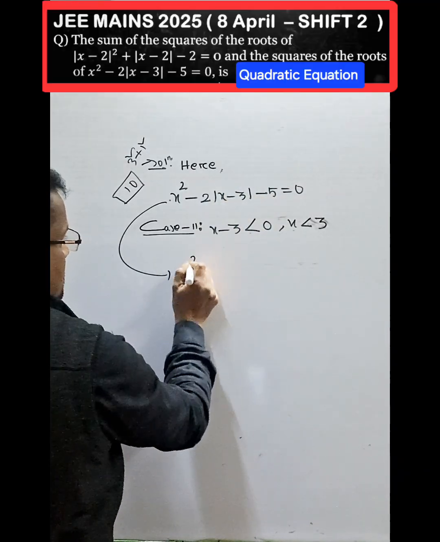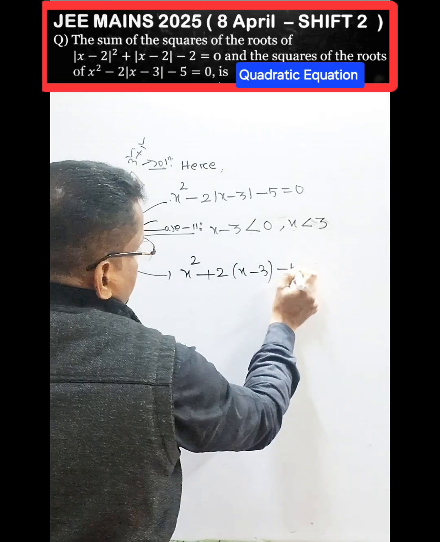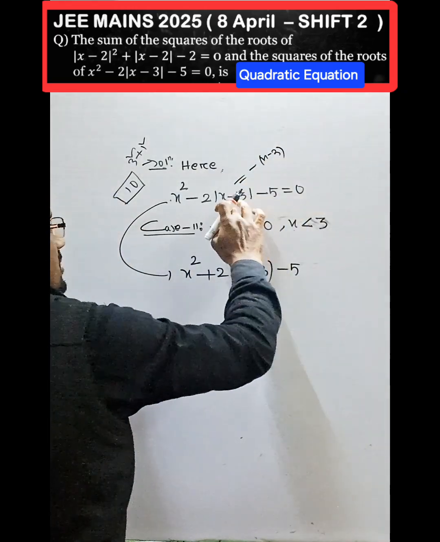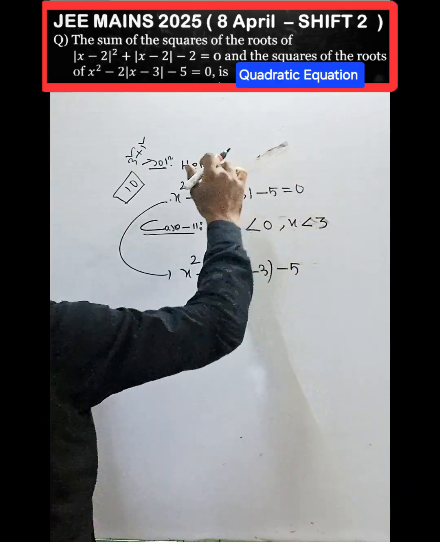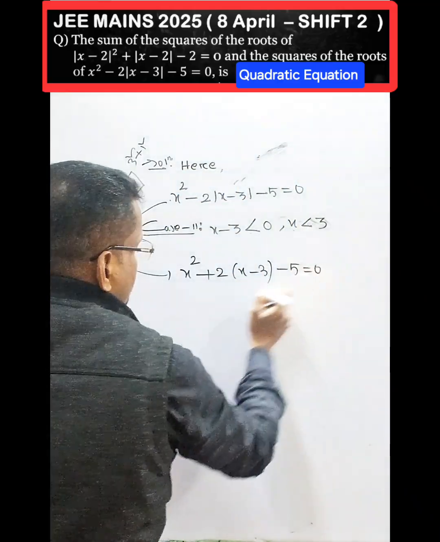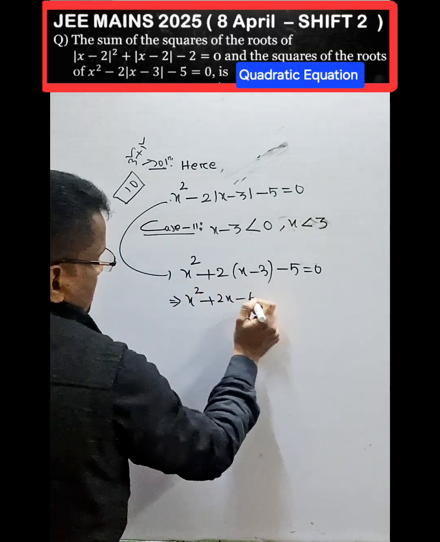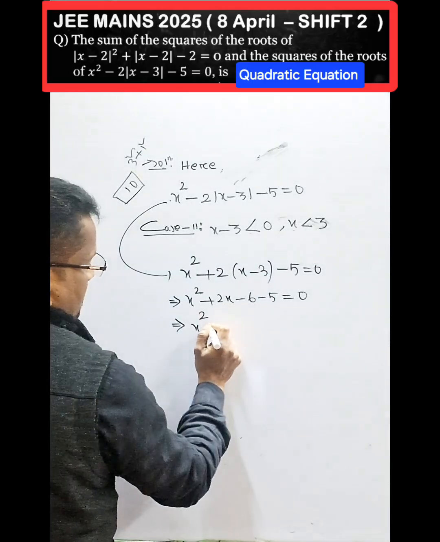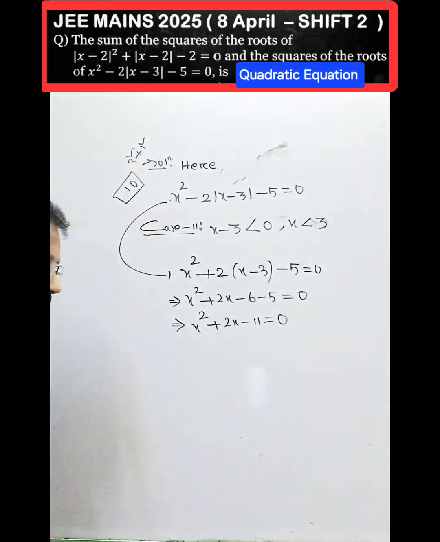So that will be x square plus twice of (x minus 3) minus 5 equal to 0. It will give you x square plus 2x minus 6 minus 5 equal to 0. This implies the quadratic equation becomes x square plus 2x minus 11 equal to 0.